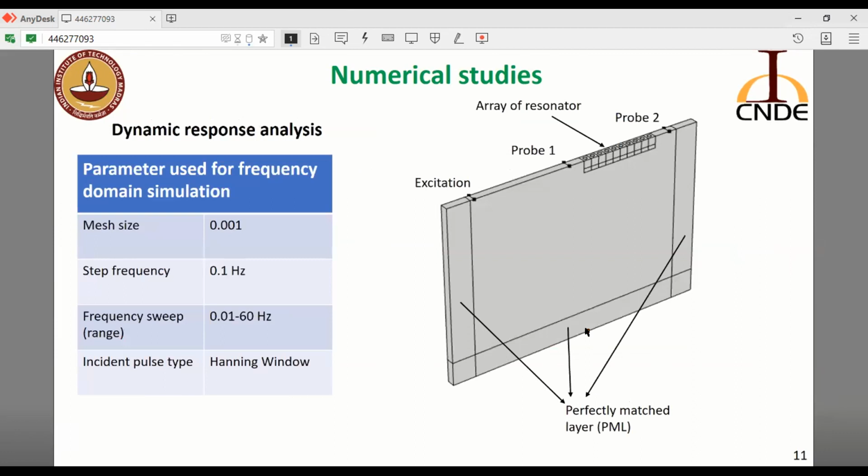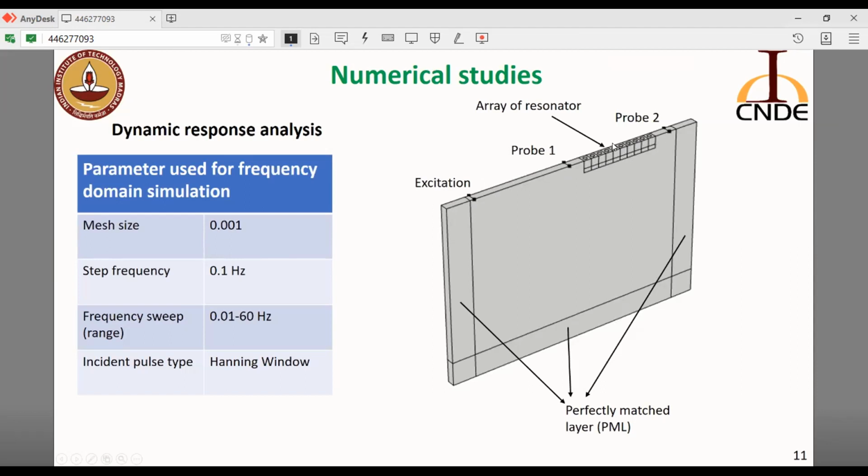So to further validate our study, we perform dynamic response analysis. This is our model where we are exciting here, and we have installed two probes, one before the metamaterial and one after the metamaterial.